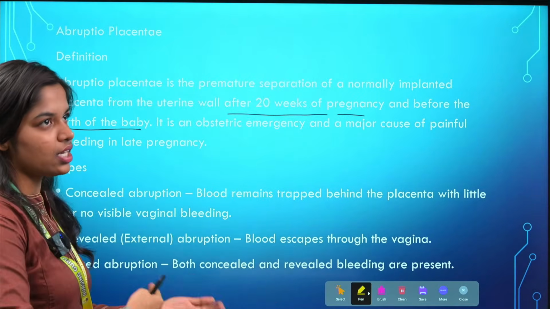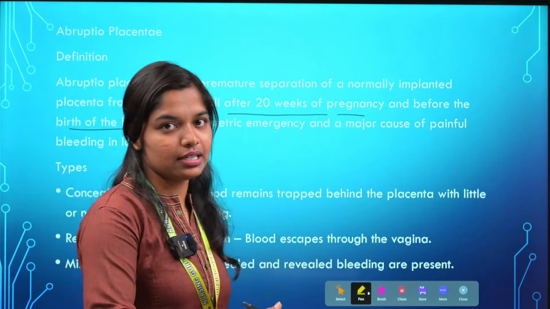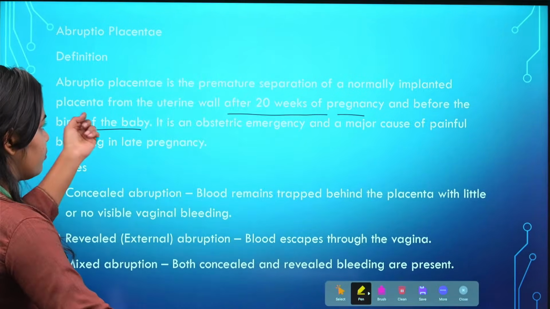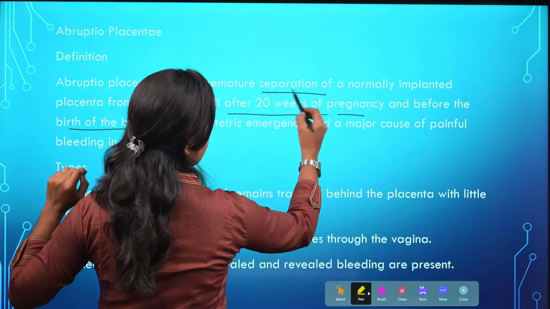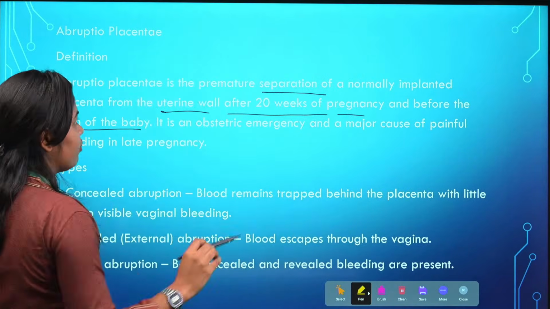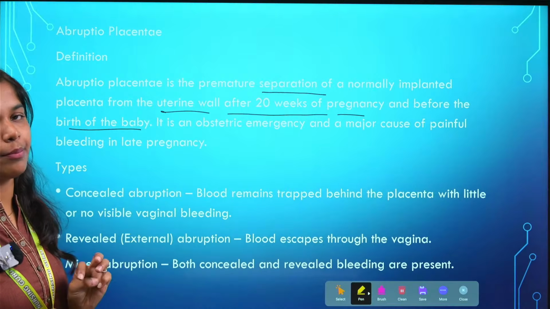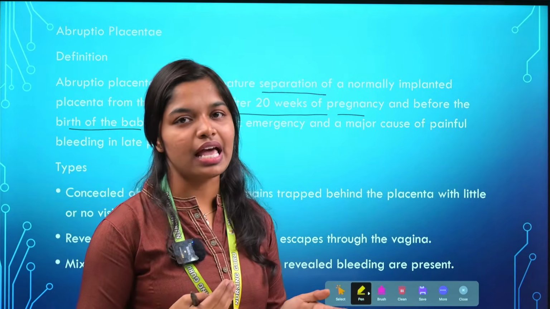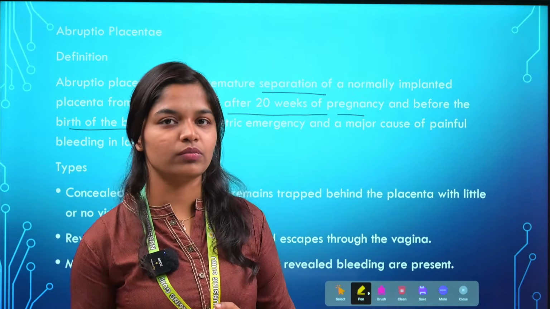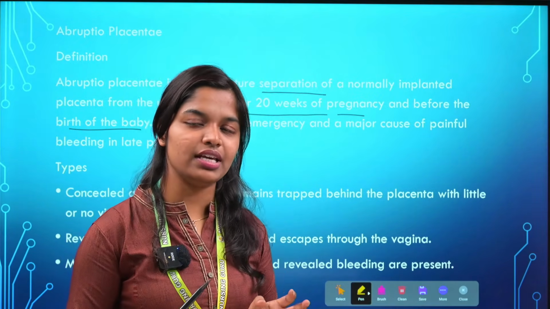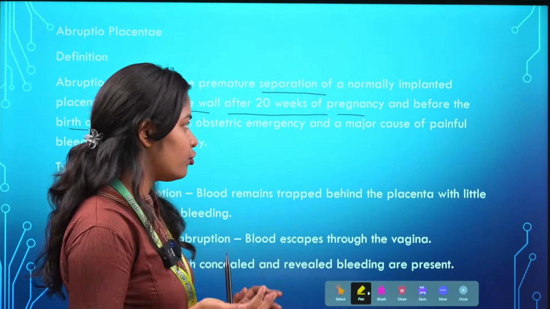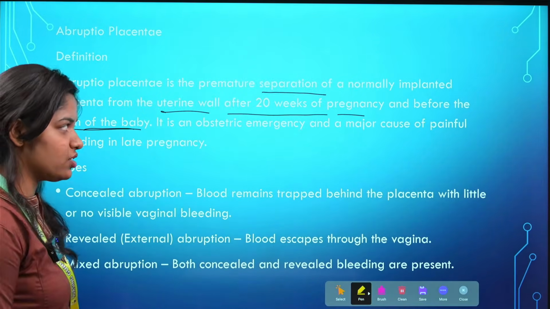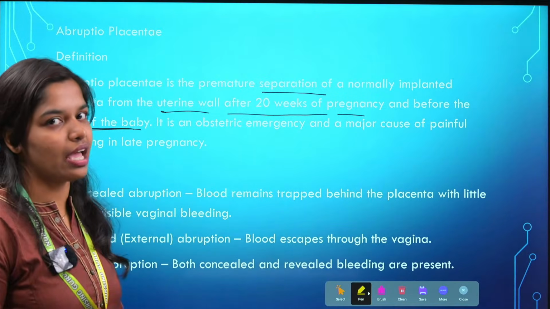If the implanted placenta gets detached from the uterine wall, we call it abruptio placenta. It is an obstetrical emergency condition and we are going to manage it.